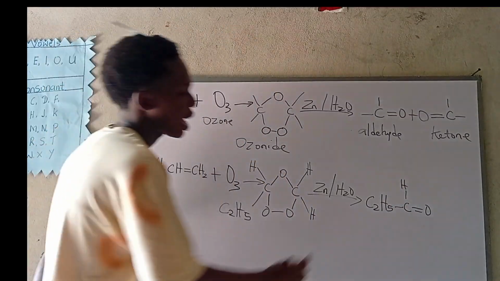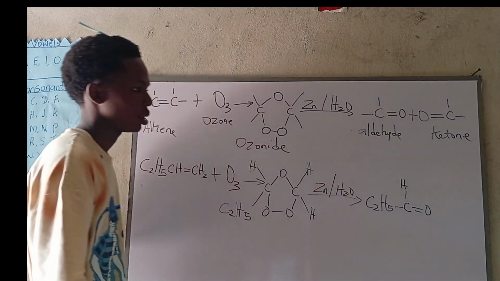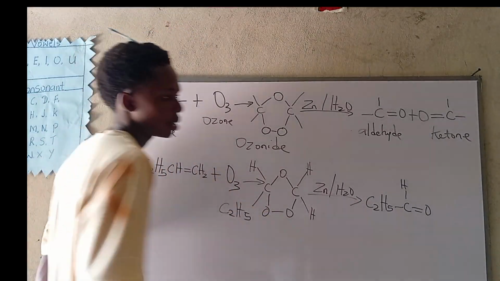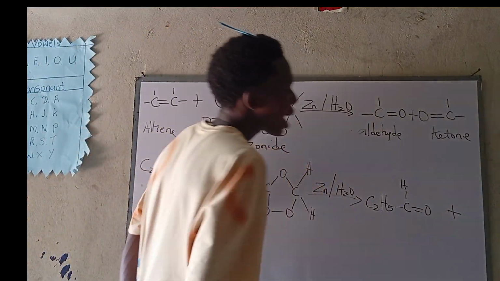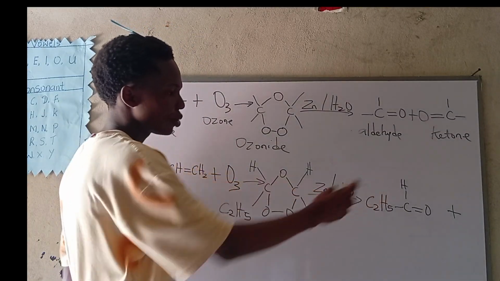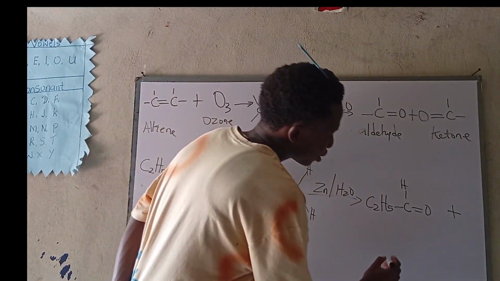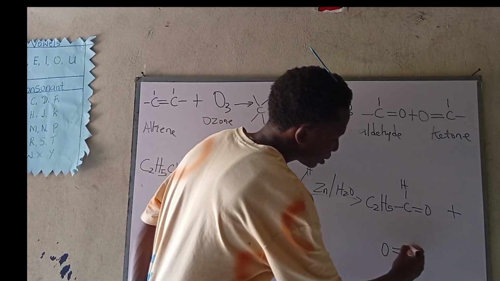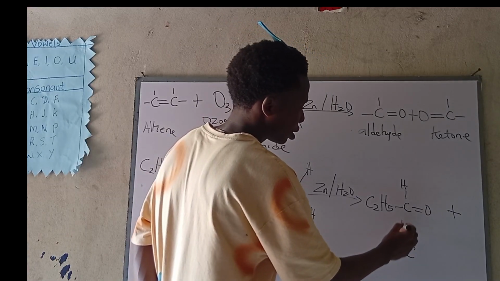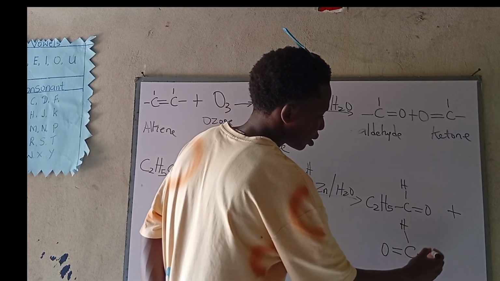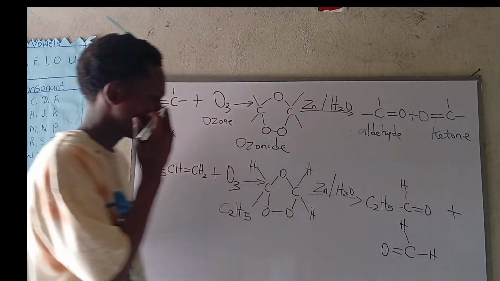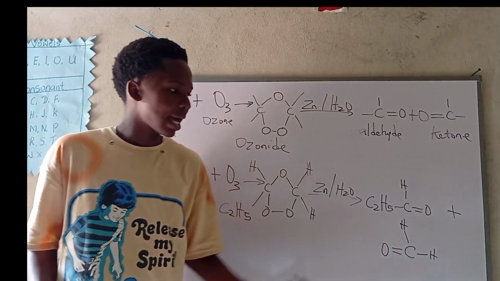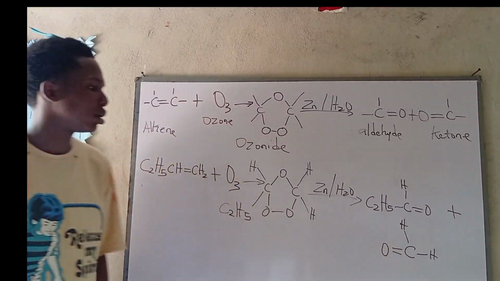This is our aldehyde. Then what next? Our ketone. I think there's no space here, so I'm going to bring it down. Our ketone is going to go like this.